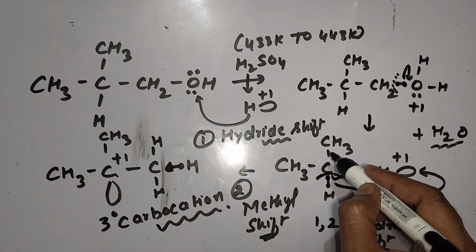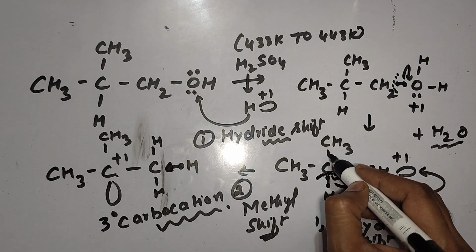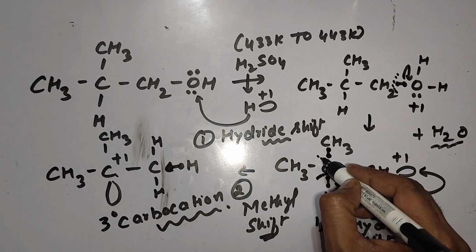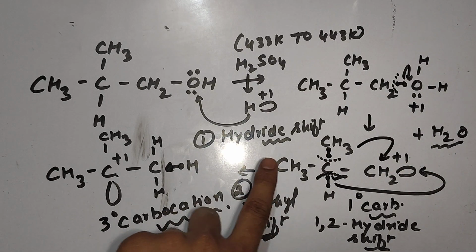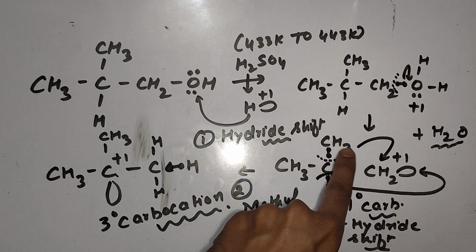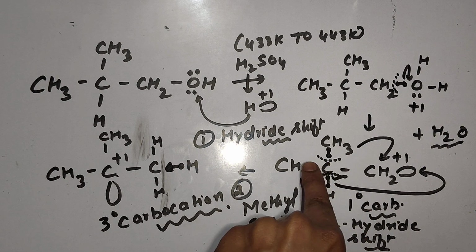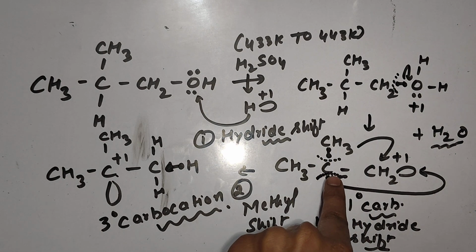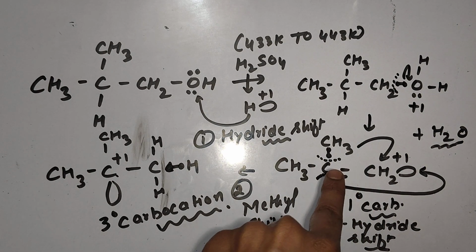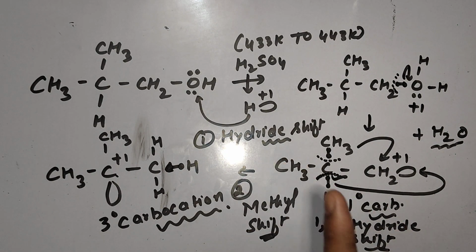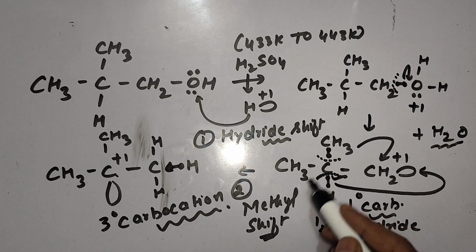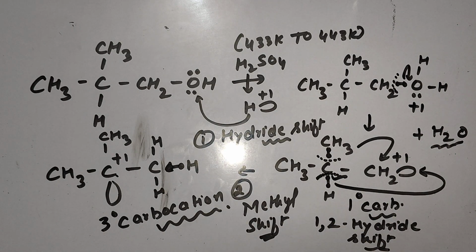Suppose I have shifted this methyl group. Please tell me what will be the degree of carbocation generated. If you shift this methyl group to that side, don't you think a 2-degree carbocation will generate? Now will the reaction prefer to make a 2-degree carbocation or a 3-degree carbocation? 3-degree carbocation, because a 3-degree carbocation is more stable than a 2-degree carbocation. That's why here hydride shift is preferred.